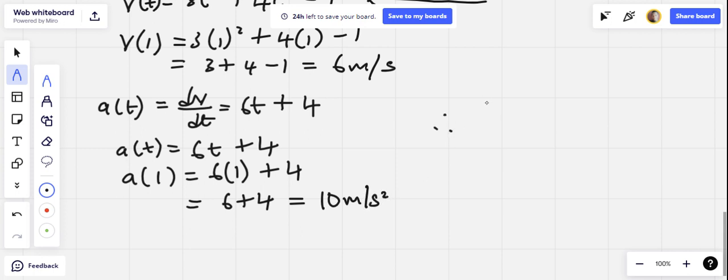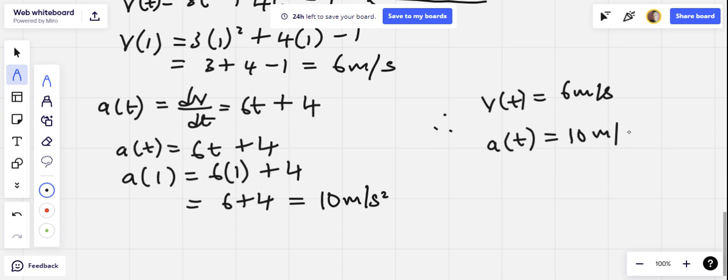So therefore, our instantaneous velocity equals 6 meter per second, while our instantaneous acceleration is what? Our instantaneous acceleration is 10 meter per second squared.